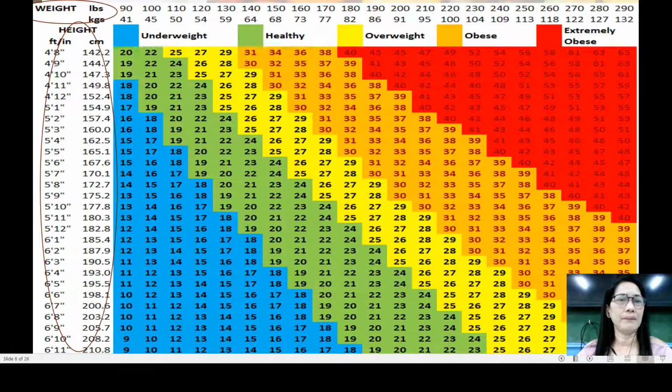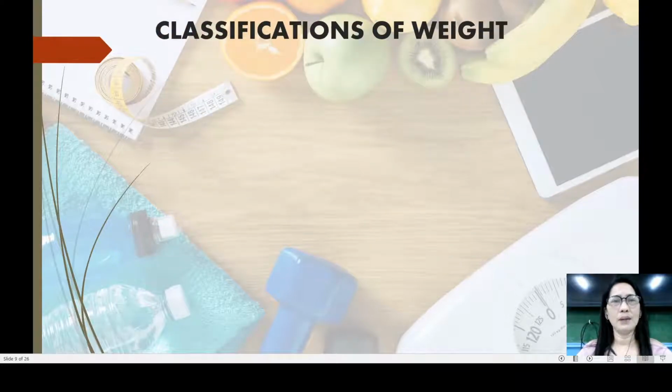And feet. Okay, so there are different classification of weights. Underweight, healthy, overweight, obese, and extremely obese. Okay, saan kaya kayo ngayon dyan? So those are the classification of weight.